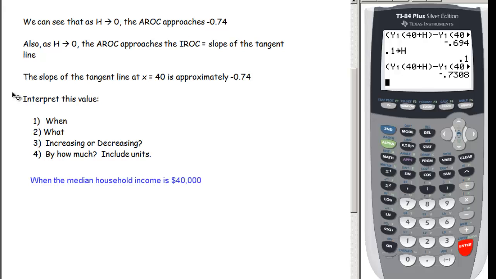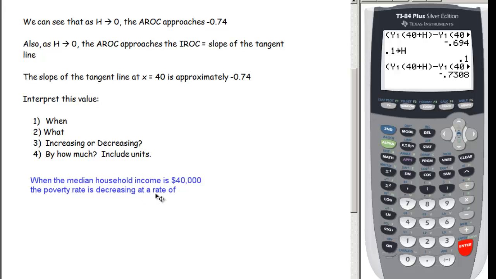Okay, next we're ready for the what. The poverty rate is decreasing because we're looking at a negative slope, at a rate of... Before, we've said at an average rate of, but this time it's not an average rate, it's the actual instantaneous rate.